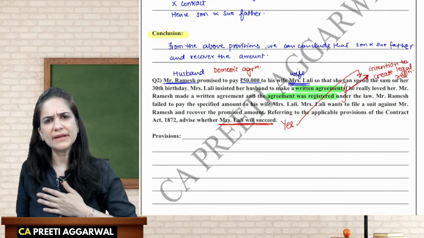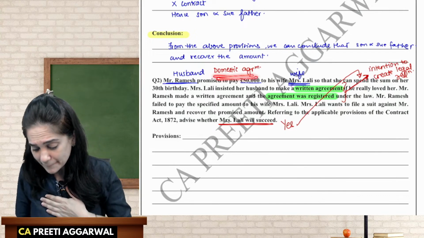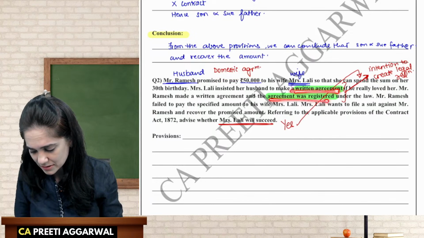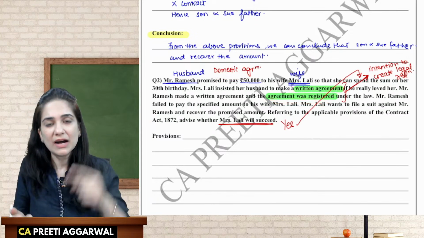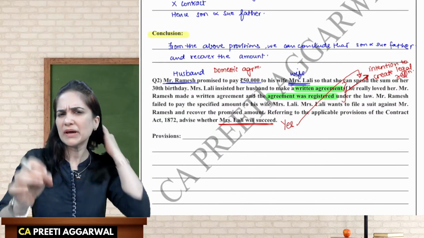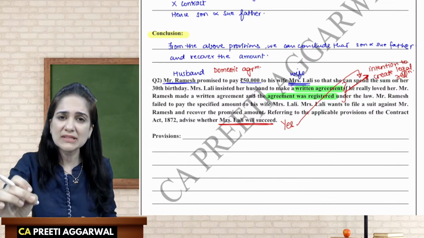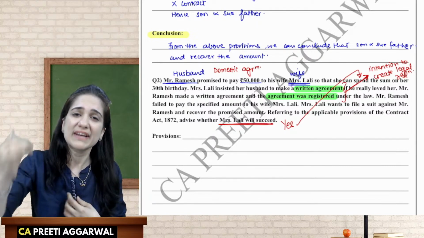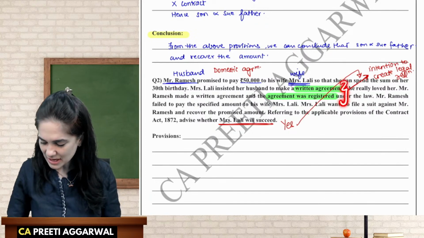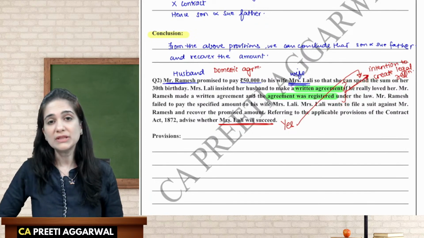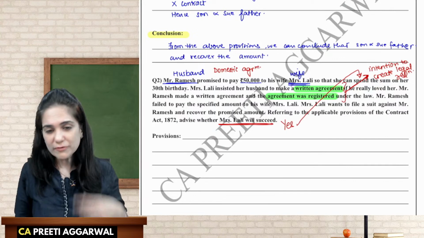Because yes, I agree it was domestic. I agree. But it was put in writing and registered. I am showing intention. If you are making it in writing, if you are registering, it means if one party defaults, other party can take action. This is enforceability.